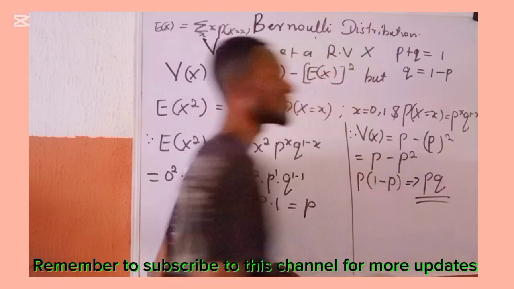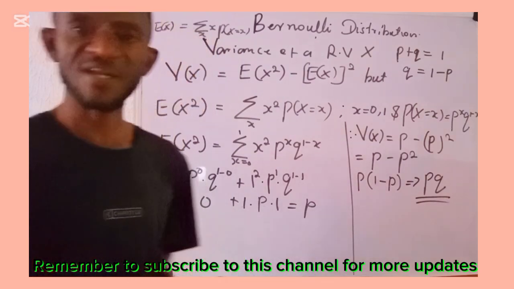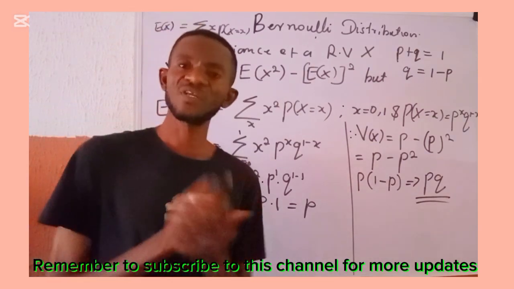And this is the variance of a random variable X that follows a Bernoulli distribution.